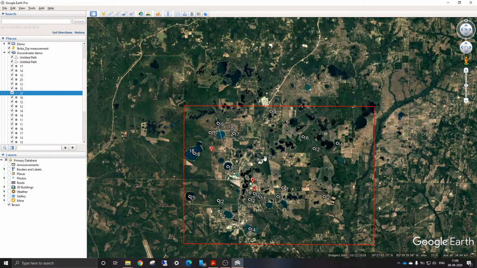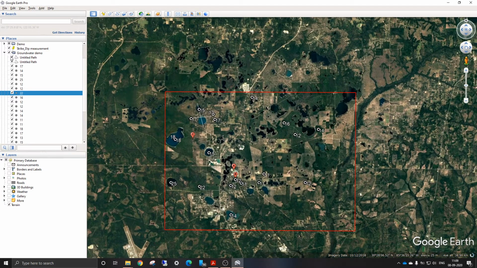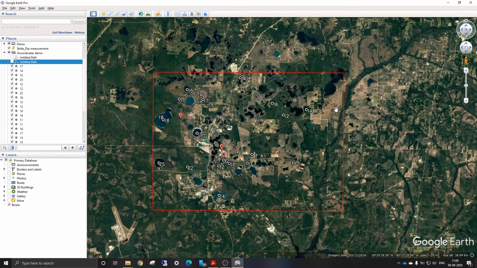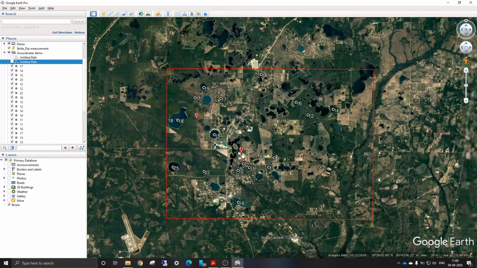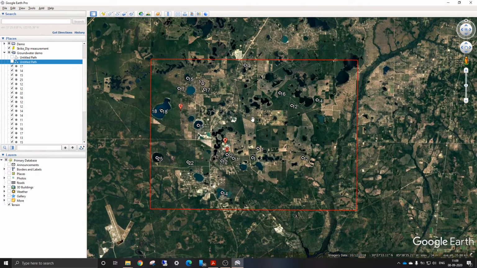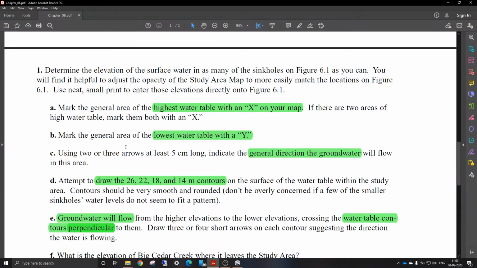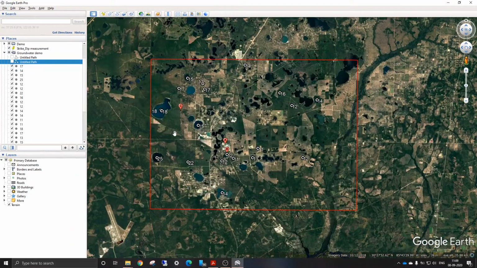You can press R. Now, as you can see, you have to mark the points all over this area, so that when you are drawing contours, because to solve your assignment here, you have to find the general direction of groundwater flow. To determine the general direction, you have to first draw the contours of the groundwater table. Then you can have an idea about the gradient, in which direction the groundwater will flow. It will always flow perpendicular to the contour lines.